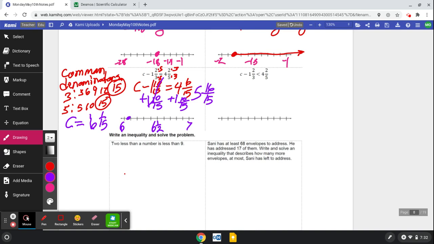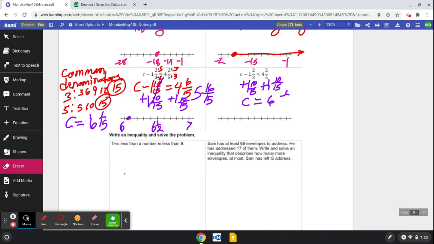And you would do the same thing with the other one. Okay, we would add our 1 and 10/15 to both sides. Okay, and get C less than 6 and 1/15.